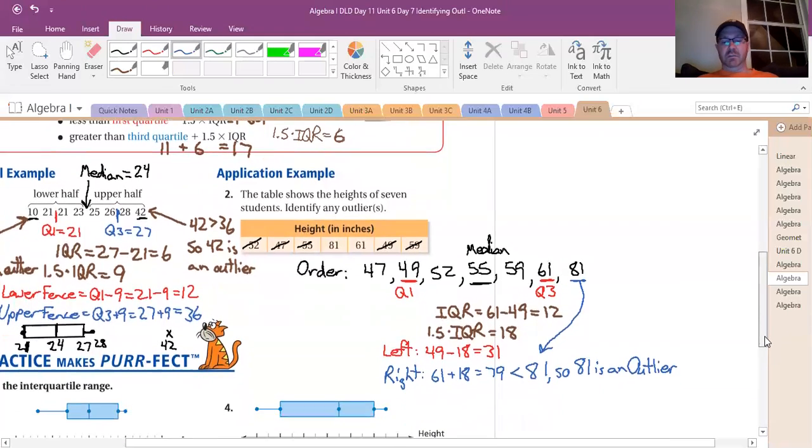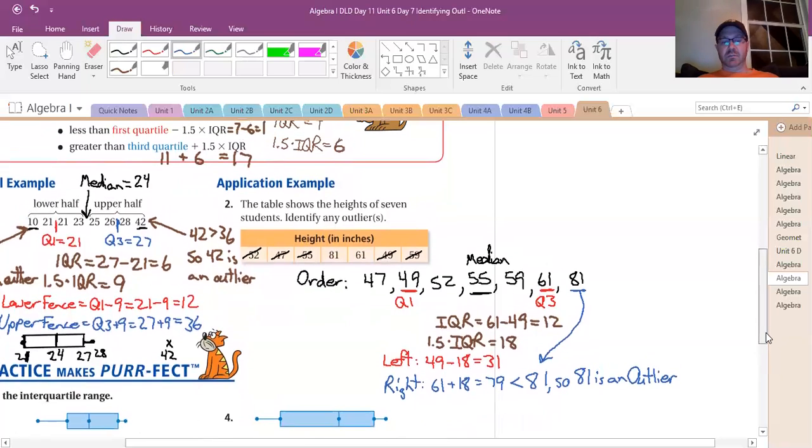Okay, so if I'm going to sketch the box plot for this, the minimum is an actual value, so I'm going to go ahead and put a point there at 47. And then my Q1 is 49, so there's the left side of my box. That's 49. And I'm going to go ahead and draw the whisker. My median is 55, so I've got a little bit of a gap here.